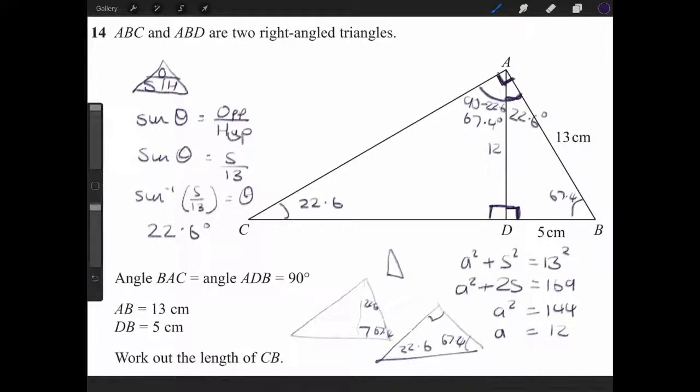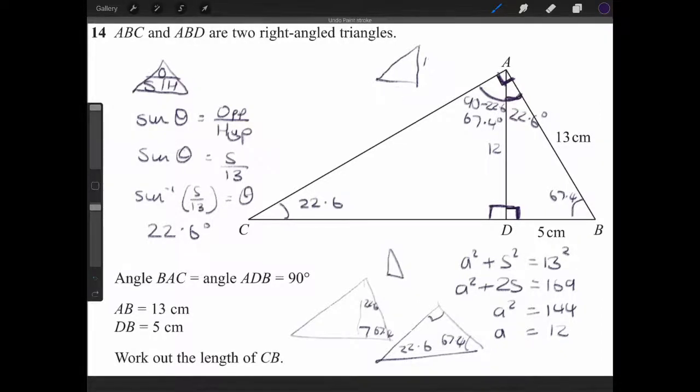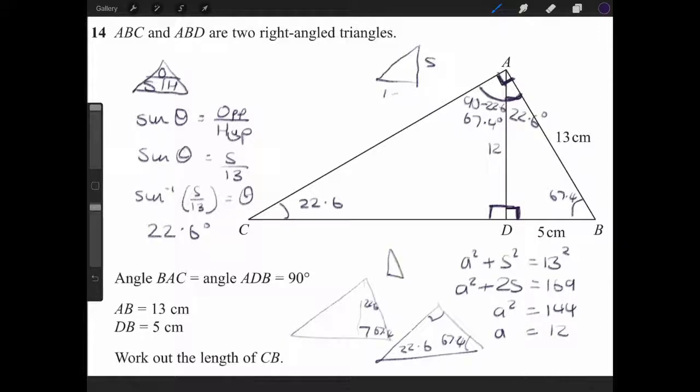So at this point, we can come away from trigonometry, and we can actually look at the ratio. Okay, so if I orientate the two triangles in the same direction, then I can see that my first triangle is 5, 12 and 13, with 22.6 and 67.4.